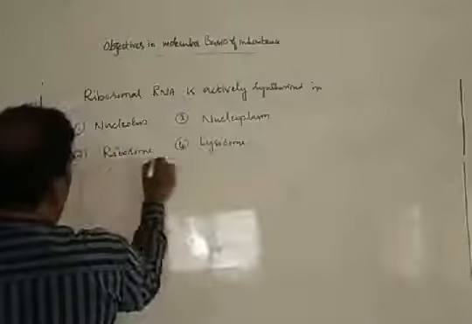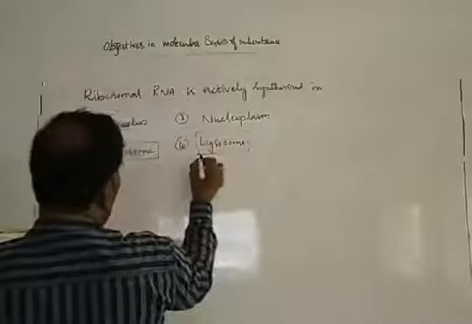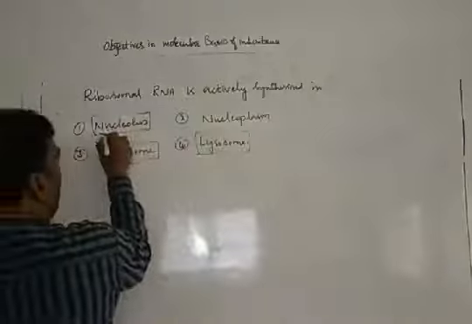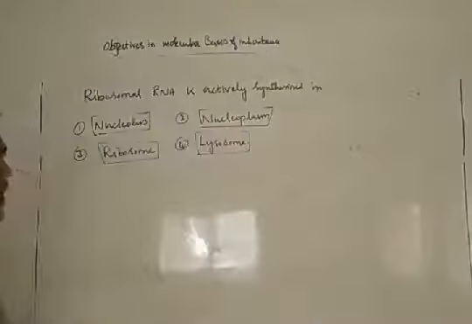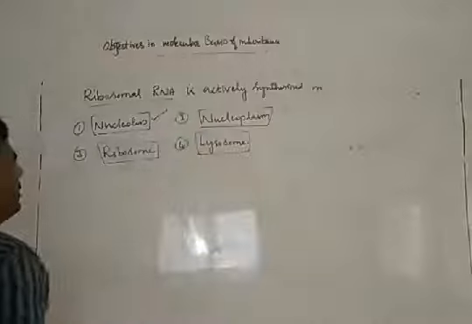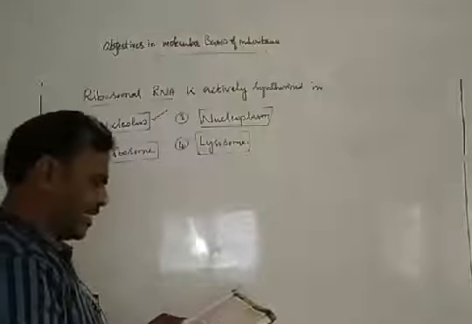So ribosomes are the protein factories, lysosomes are the suicide bags. The nucleolus is present inside the nucleus, and nucleoplasm is the material present inside the nucleus. So here it is a direct question. Ribosomal RNA is synthesized in the nucleolus.